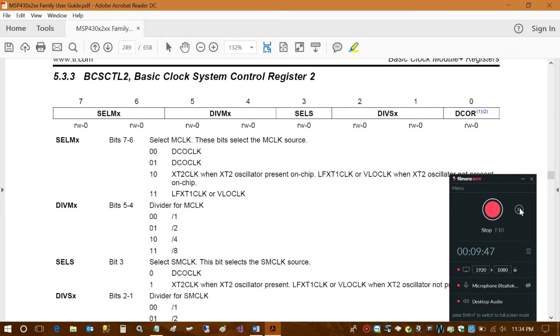So the SMCLK can be clocked from DCOCLK if we put this as 00 or 01, that is 0 or 1, and if it is 10, that is 2, the SMCLK will be clocked by XT2, and if it is 11, that is 3, then SMCLK will be clocked by LFXT1CLK or VLOCLK, that is very low clock, as I told you in my last video, that is RC controlled oscillator, sorry.